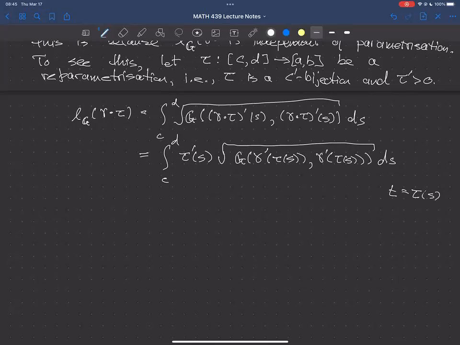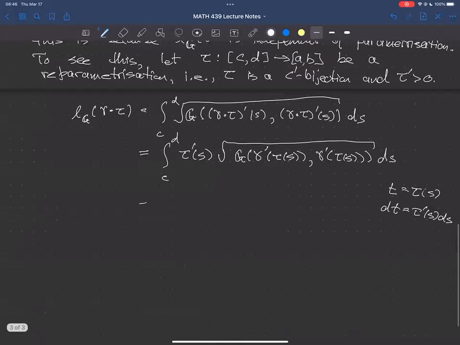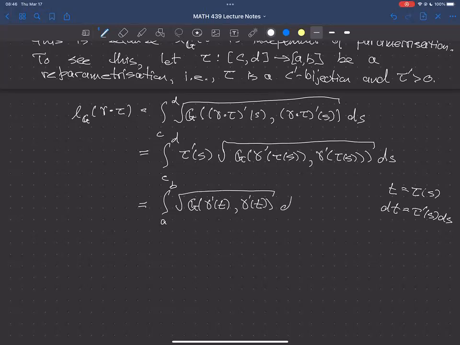That's my change of variable. So the dt is exactly tau prime of s ds. And then you need to convert the limits from C to D to whatever the limits are for my new variable, which now is t, but of course that's A, B. And so I get the original length.